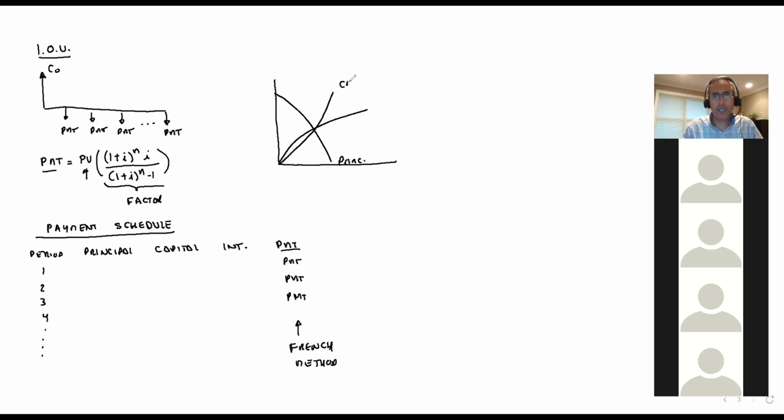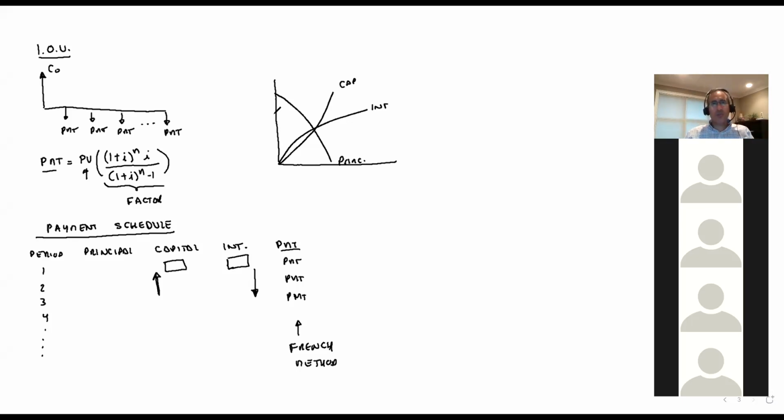This is my capital, this is my interest, not in the same dimension, but this is more or less what happens. The interest starts larger and then decreases, and the capital starts smaller and then increases, okay? This is what I showed you in the video that I shared with you on Friday.